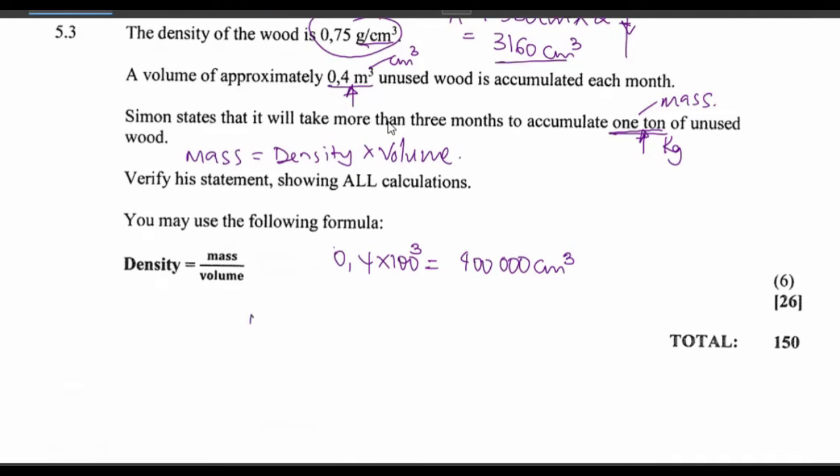So mass is going to be the density, which is in grams, times the volume that we've just got now. And the answer we get will be in grams. So we shall take that times 0.7. So the answer here becomes 300. So if you were to turn them into tons, we shall divide by 1 million.